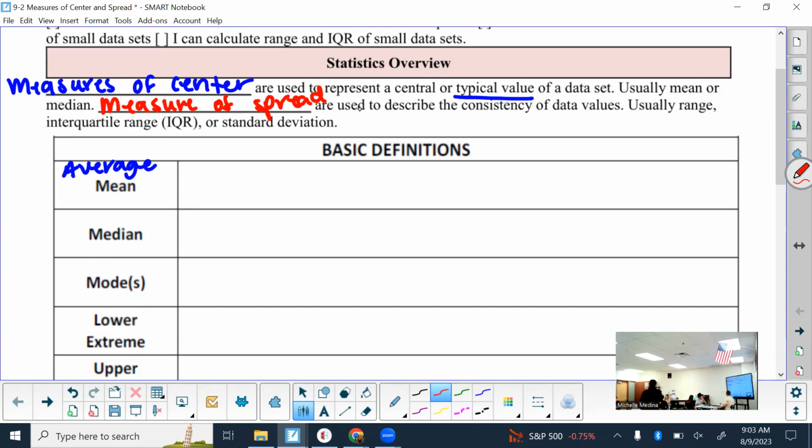All right. Mean, how do you find the mean of anything? Or average? We did it a little bit today when we had to find the average of 70 and 72.